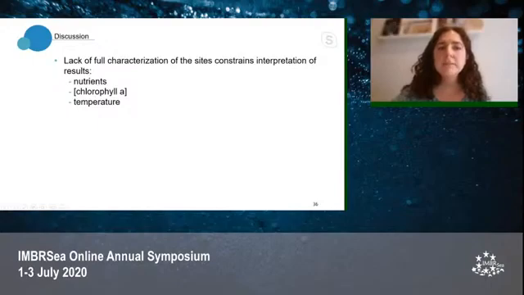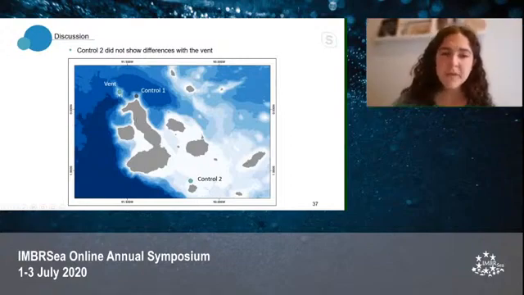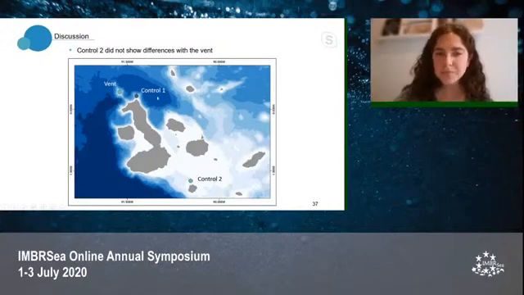However, it is hard to establish the causes of the differences found, since there can be other factors that have an effect, such as nutrients, chlorophyll a concentration, and temperature. And this can also perhaps explain why the control 2 here in the south didn't show any differences with the vent, as control 1 did show.